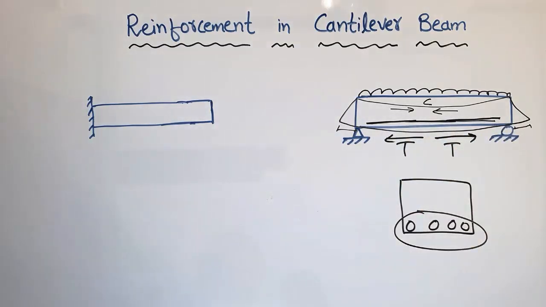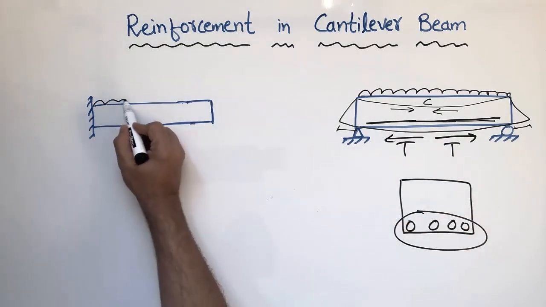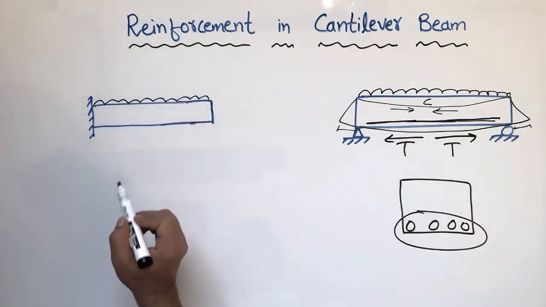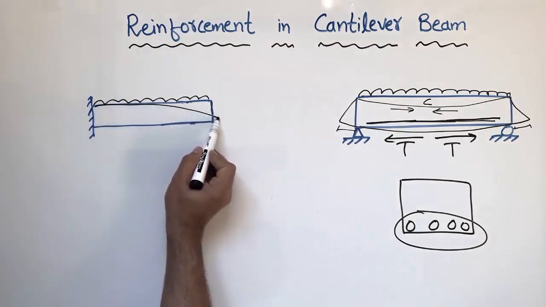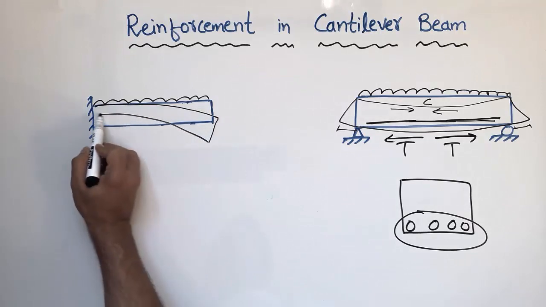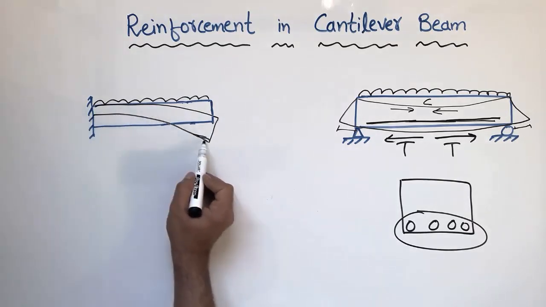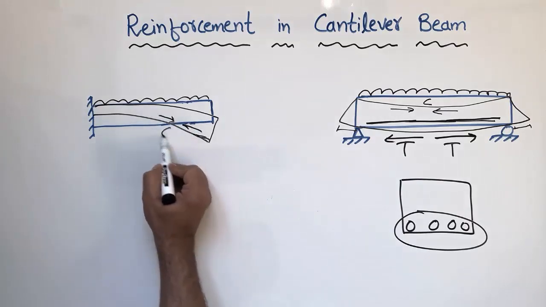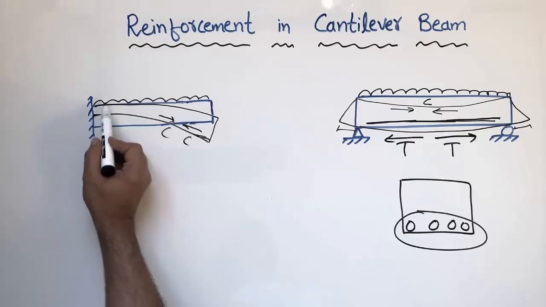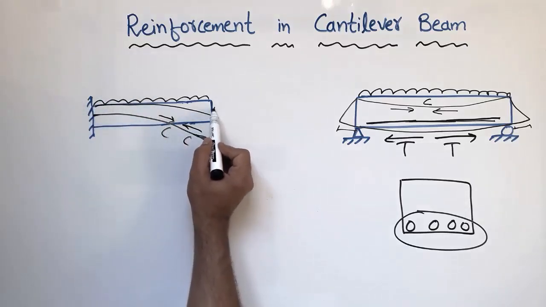But in case of the cantilever beam, the behavior is opposite. As I place the uniformly distributed load here on the cantilever beam, it will deflect in this way, in which the bottom portion has been compressed, while this top portion has been in tension. It has been increased in length.